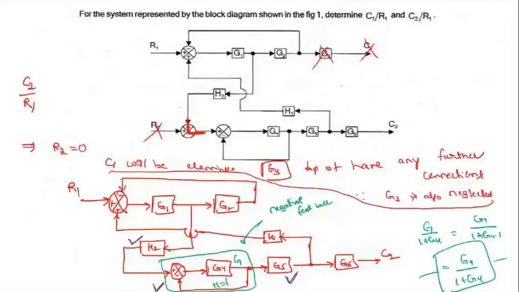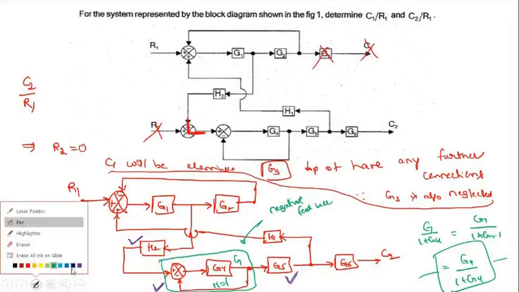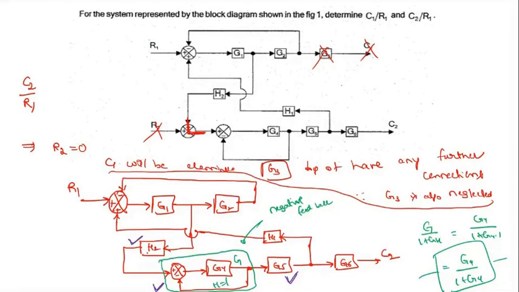So if I draw the equivalent circuit, before drawing it, these three will also be series. I'm going to consider this step also. So H2 and this block. What is this block value? G4 by 1 plus G4. So here I'm writing H2, comma, G4 by 1 plus G4, comma, G5 are cascaded. So what is the resultant here?